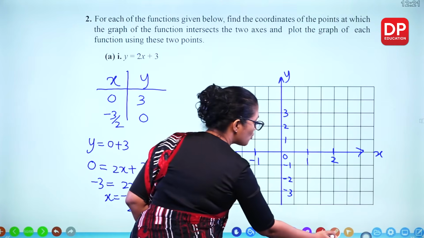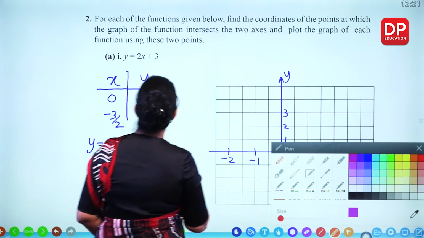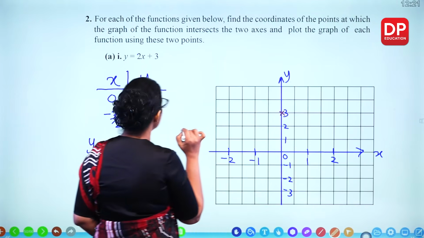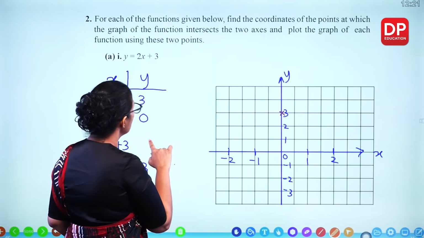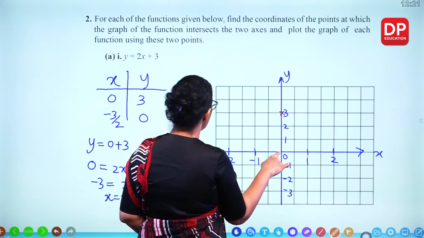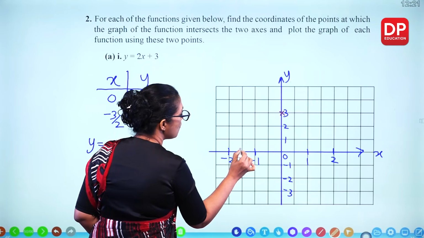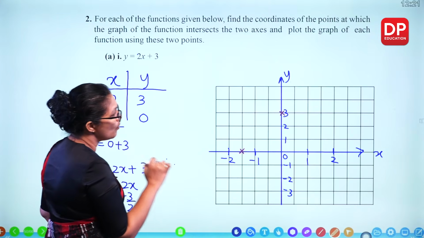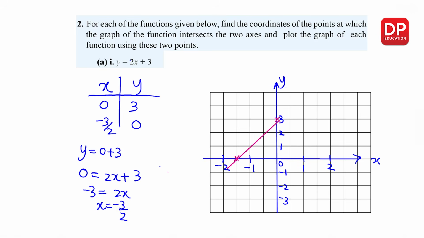Now we'll mark the 2 points. 0, 3. This point. And y is 0, x equals minus 1.5. This one. Now connect these 2 points.